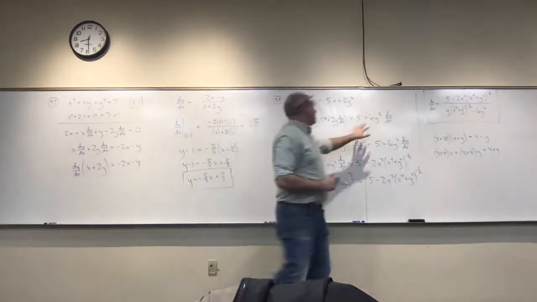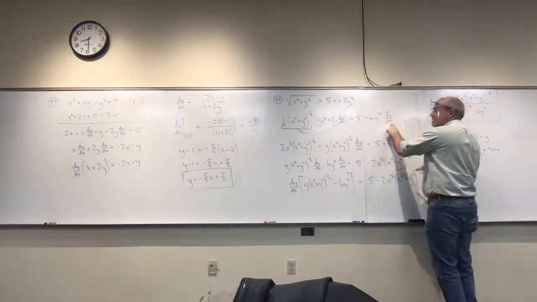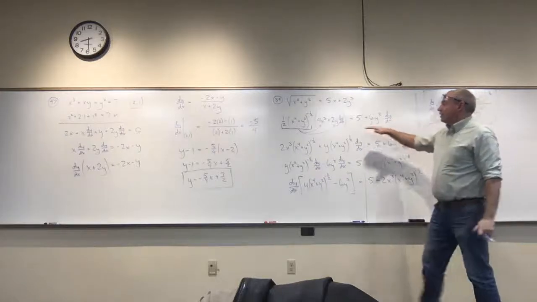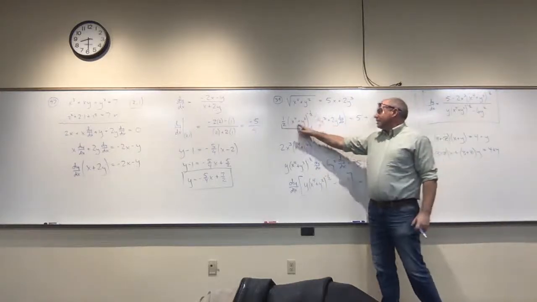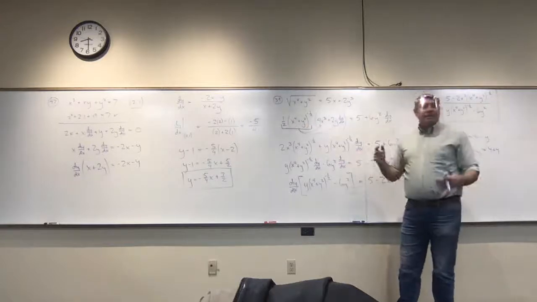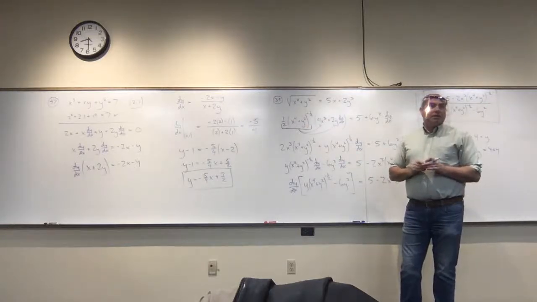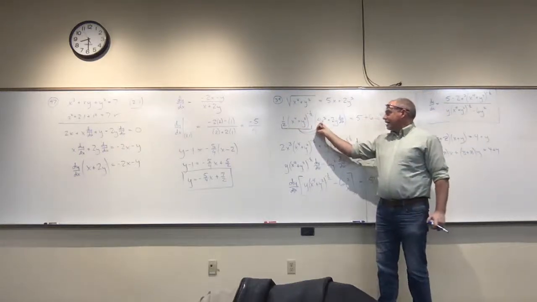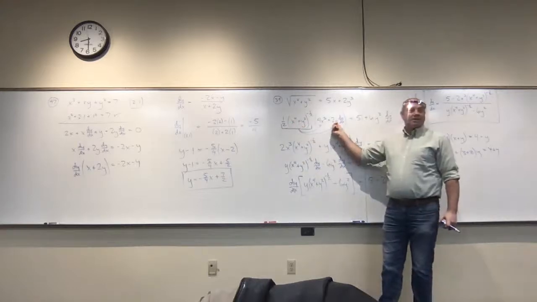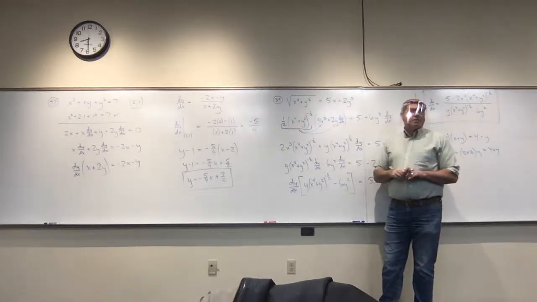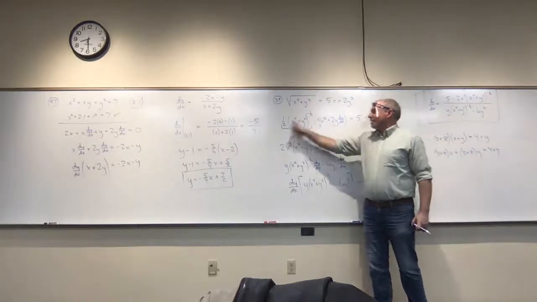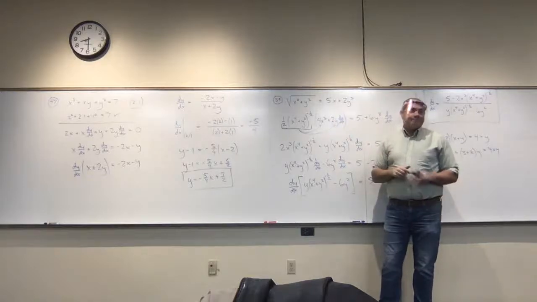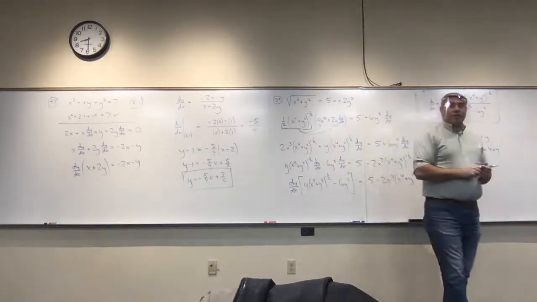But that's no good because now this is stuck. So it didn't actually make life any better to divide both sides by this thing. The best thing to do is distribute it, and then you're good to go. So you take the entire expression, multiply by this guy, entire thing multiplied by this guy. Does that make sense? Yeah, just treat this as if it were a humongous X, and it's just like x times this plus x times this. Other questions?